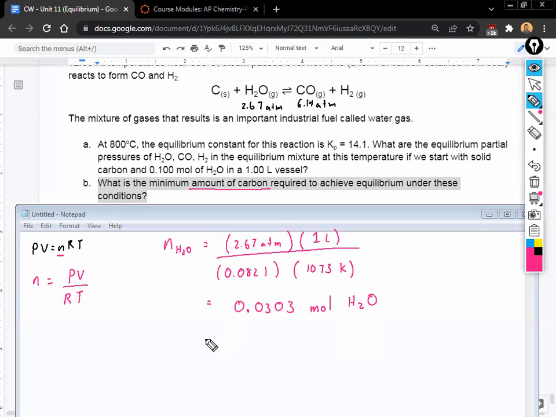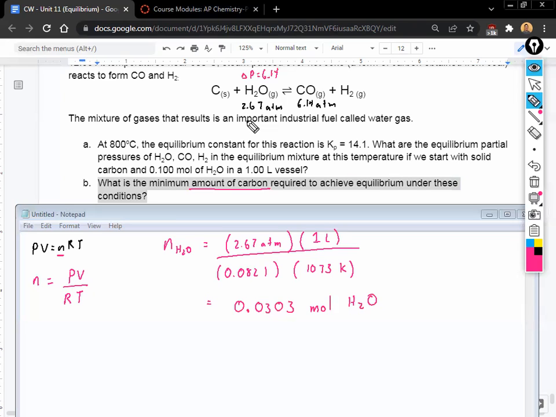All right, next what we're going to do. Oh, I made a mistake, guys. We're not using the final pressure, we have to find the change in pressure. It's going to be 6.14 because 2.67 is the amount that was not reacted.